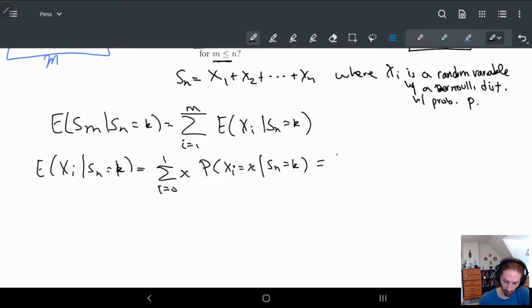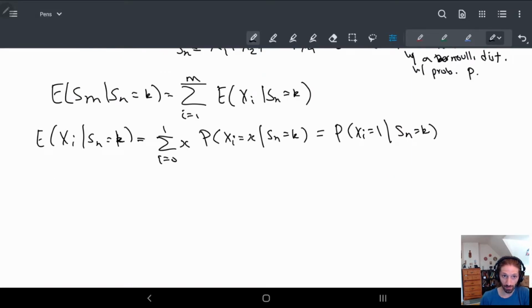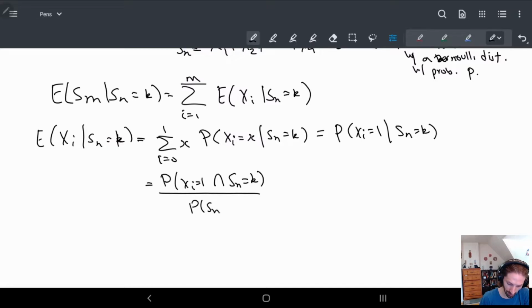So this is just the probability that xi is equal to 1 given that Sn is equal to k. This we can rewrite, right? This is equal to the probability that xi equals 1 and Sn is equal to k, divided by the probability that Sn is equal to k.